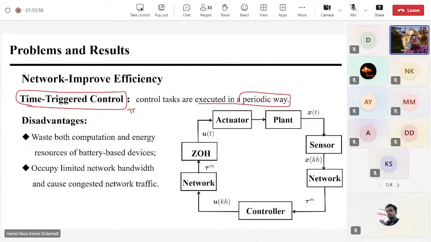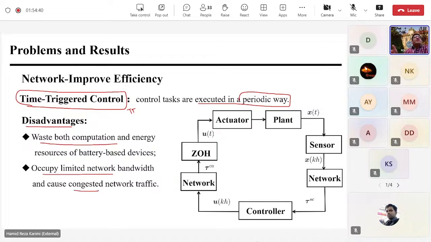But TT has a problem: it wastes computation and also the energy resource of the battery. Time triggering control is not a very popular approach because it has higher computation time and energy use, since the system should be executed periodically. You also occupy the bandwidth and cannot reach optimal usage of the bandwidth. You could expect some congestion in the network traffic.